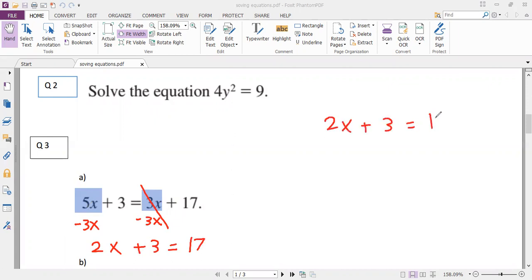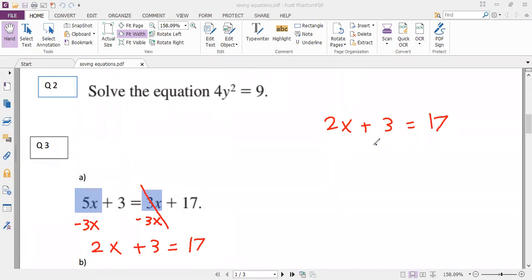So how can we find the variable x? We have 2 multiplied by x, and we have 3. 3 is added to the term 2x. So in this case, start with getting rid of 3. How can we get rid of 3?